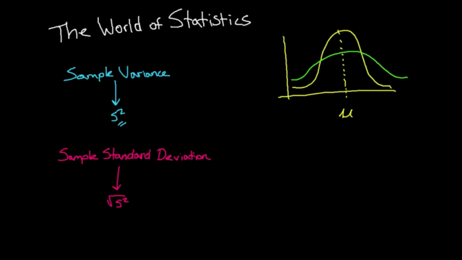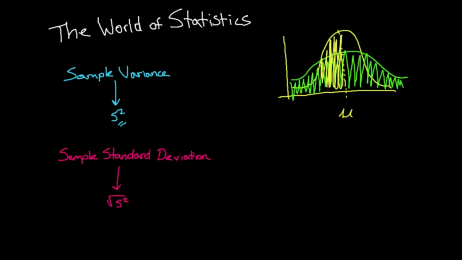As we can see from this chart, one of them is tighter and skinnier than the other. That's exactly what sample variance and standard deviation tell us. It helps us understand the spread of our data from the mean, or the average. So how far and how long and big is our mound, or normal curve, when looking at the variance of our data set.